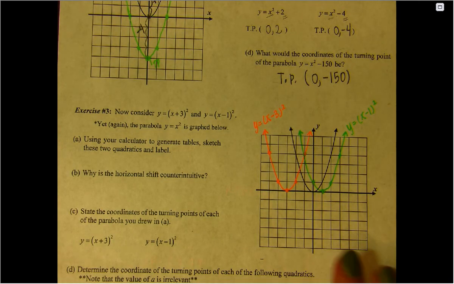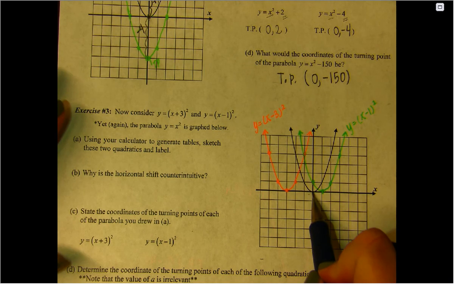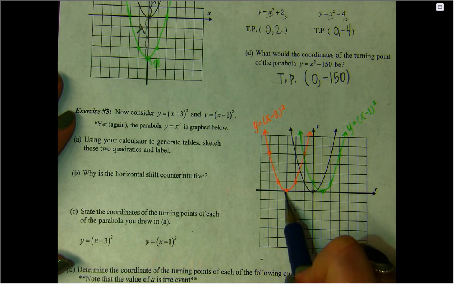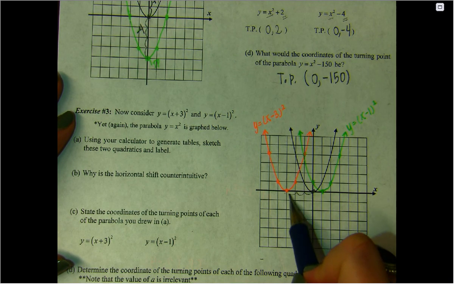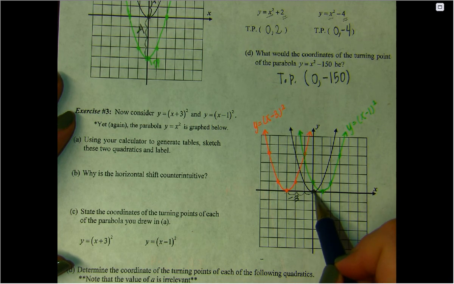Okay, so we have two graphs and we have our parent function. Our parent function started at (0, 0). How would I have to move to shift to the left over here? 1, 2, 3. So this would be -3, to the left. This one would be +1, to the right. Okay.